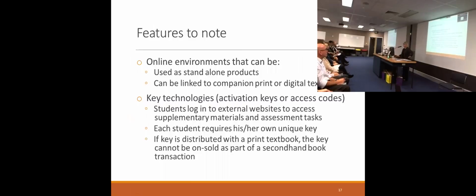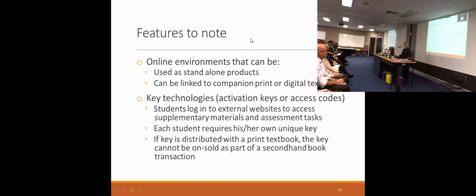They can be used either as standalone products, but also linked to other digital textbooks. The key aspect literally is the technologies, the activation keys that are related to these that allow access. If a student has a unique key, it can't then be further distributed. It's sort of locked in.